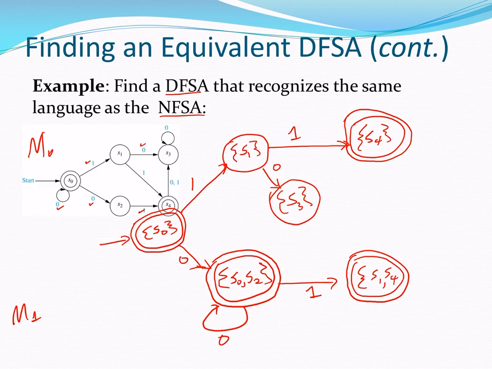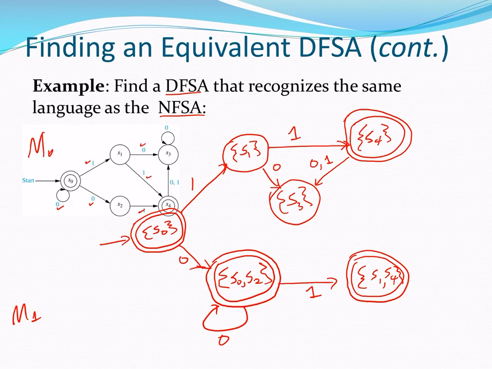All right, for the state containing S4 up top, what happens if a 0 or a 1 comes in? In that case, it just goes to state 3. Okay. And then for the bottom state with state 1 and state 4, if a 1 comes in, if a 1 comes to S1, it goes to state 4.